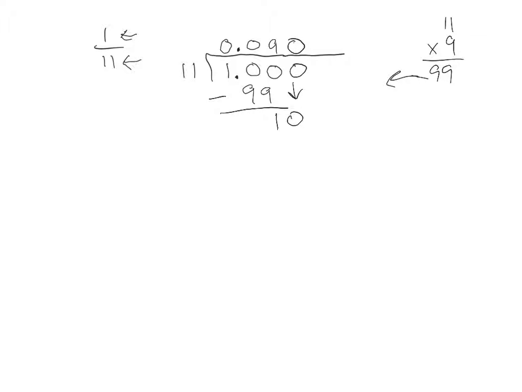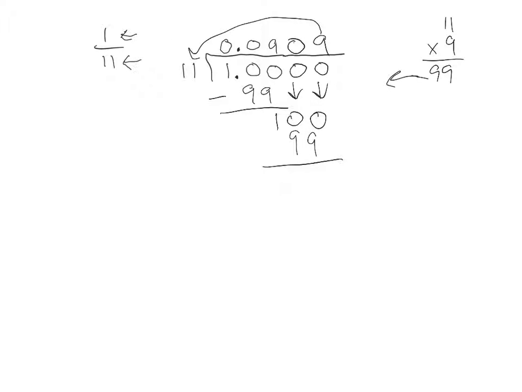And for that reason, again, we're going to shoot down another 0, right? And we ask ourselves, how many times does 11 go into 100? And we already saw that was 99. So put a 9 right here. So this 9 times this 11, we already saw is 99. So we put down the 99 right there.